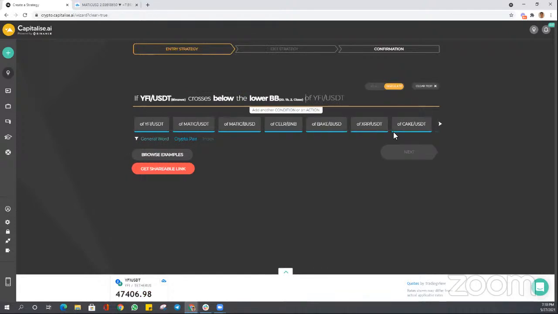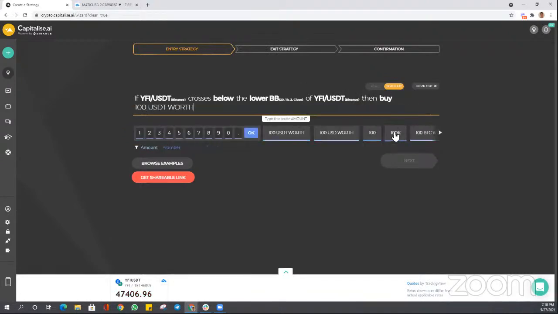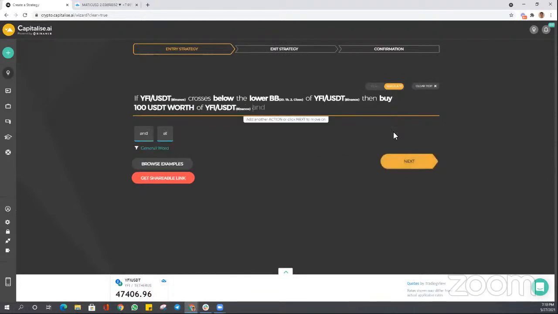There we are, YFI USDT. Let's leave it at that and then say then buy 100 USDT worth of YFI. So our first strategy, let's just go with one indicator and one condition. We're just looking for the price to cross below. You could go by a delta, a certain amount, but for here, we'll just use the crossover.